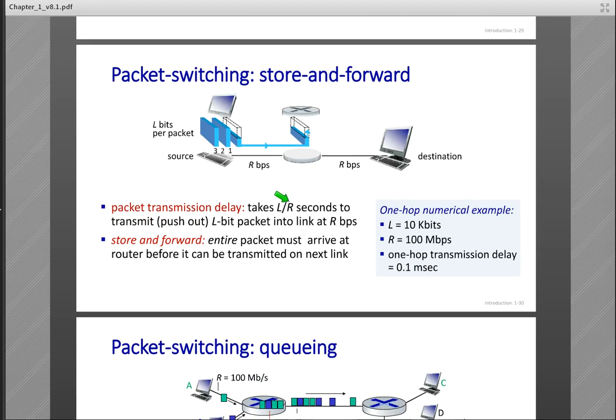One main principle in packet switching is store and forward. What does it mean? It means that in a packet switching network, we have to send one packet from one system to the next system in the path.